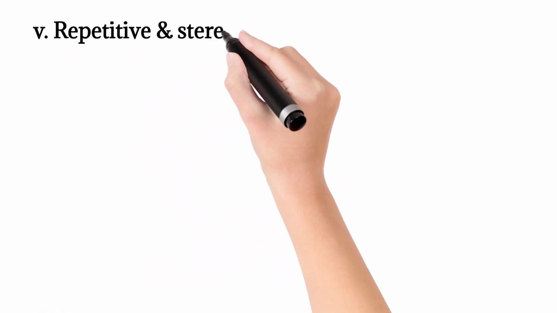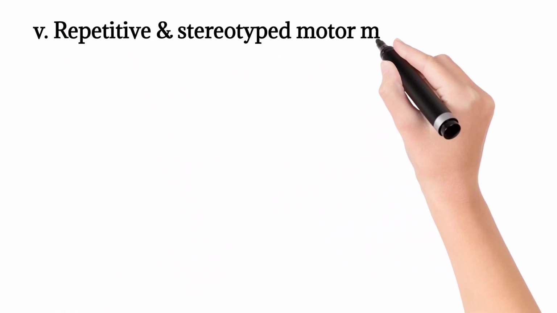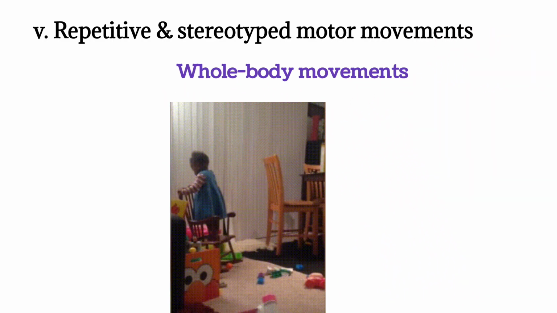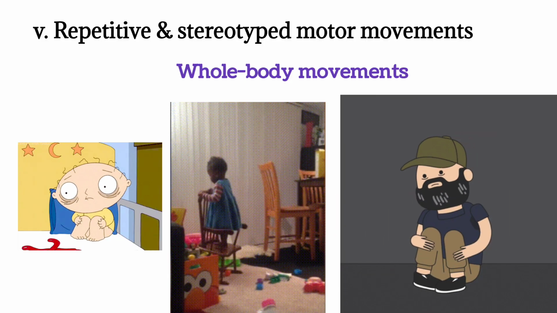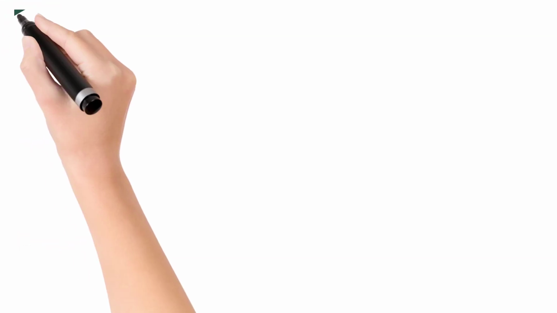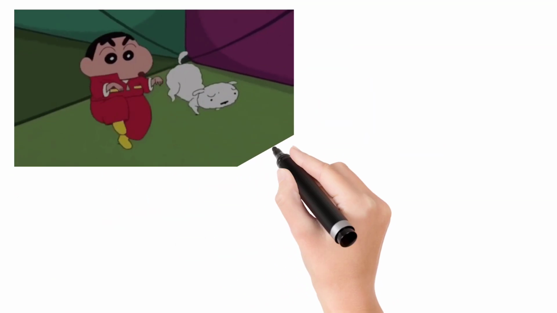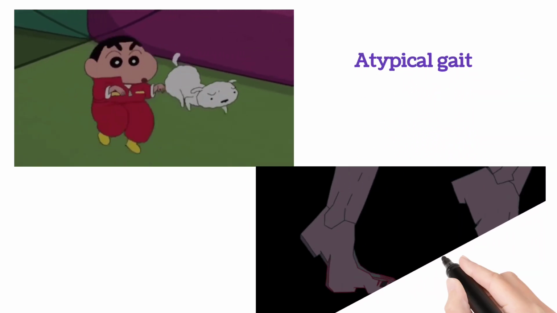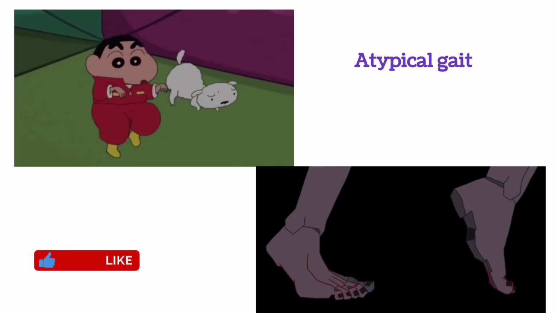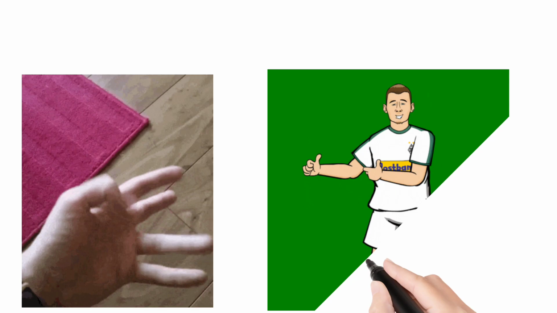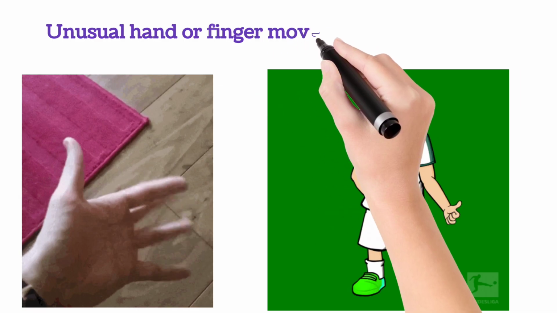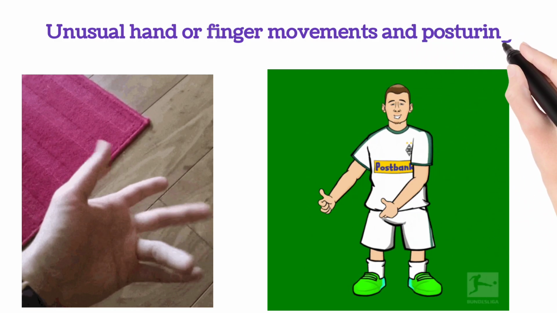Then repetitive and stereotyped motor movements, which may involve whole body movement, for example rocking, an atypical gait, for example walking on tiptoes, unusual hand or finger movements, and posturing. These behaviors are particularly common during early childhood.